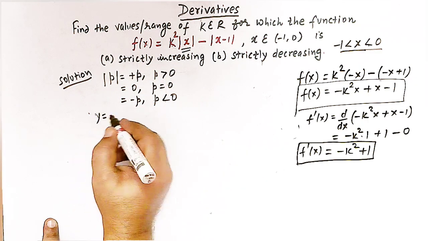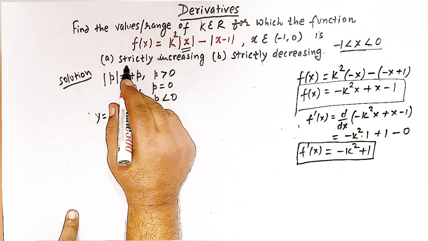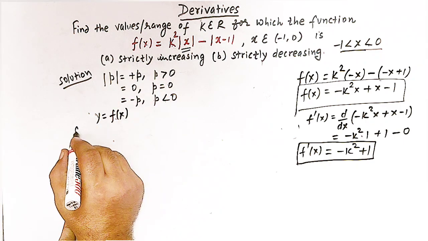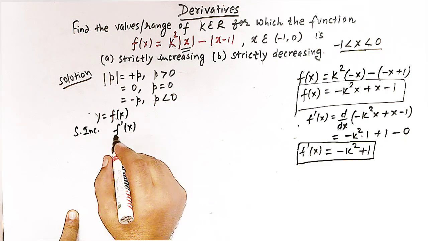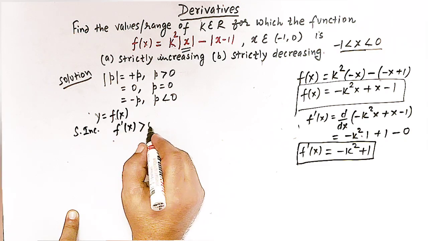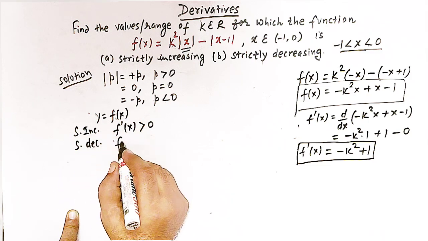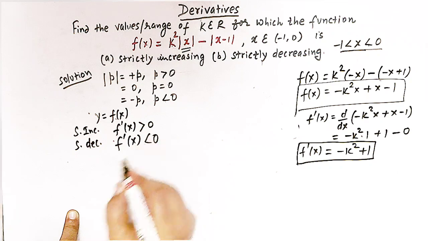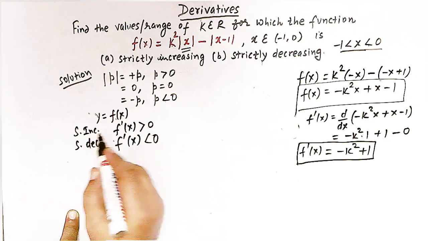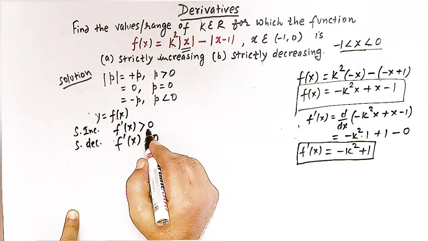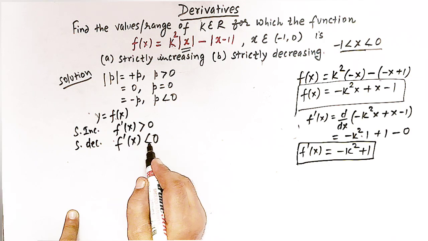Now see, if we have a function say y is equal to f of x, which is defined in some domain, and this function f of x is said to be strictly increasing whenever the derivative f prime of x is positive or greater than 0, and this function is said to be decreasing when f prime of x is less than 0, right? So in the case of strictly increasing, the slope must be positive or greater than 0, and here the slope must be negative or less than 0.